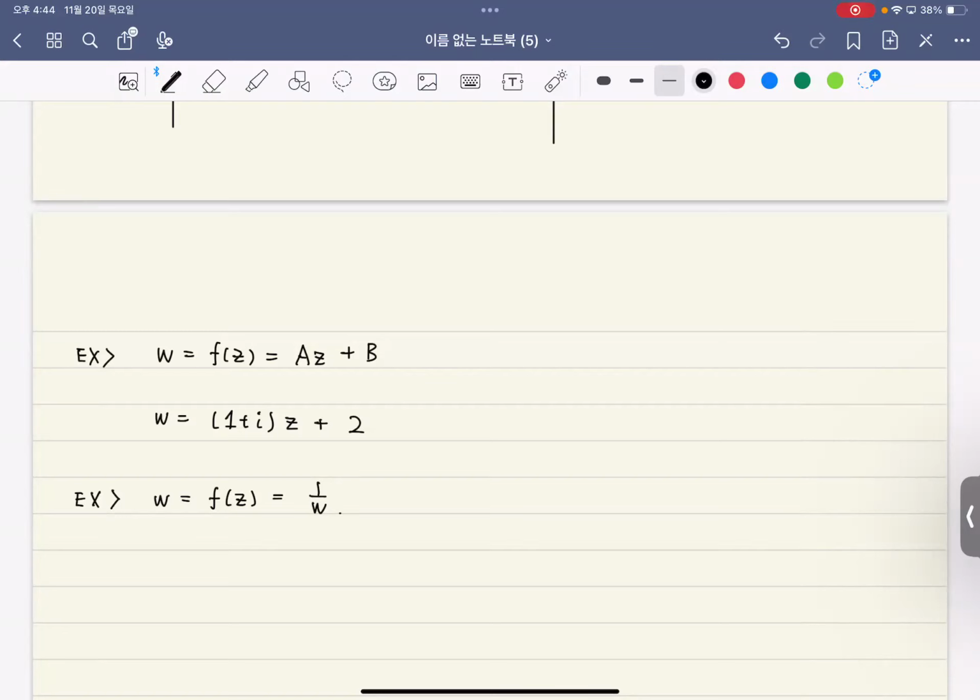What is this? Oh, I messed up. This is 1 over z. Also I can say like this: this function takes the reciprocal of the modulus, right?